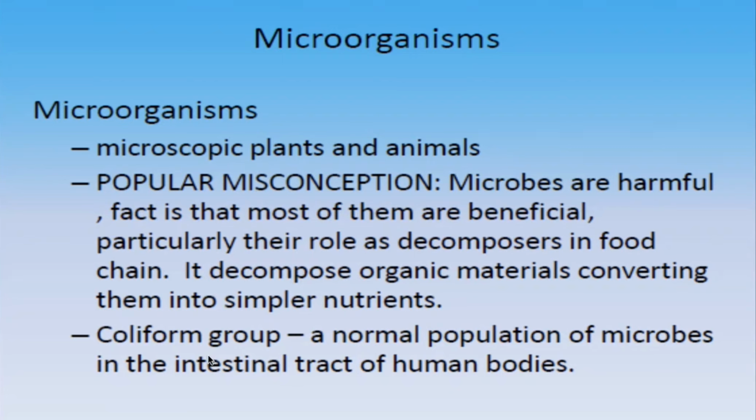But when there is no proper waste management, we see dogs or children or other people defecating in the river. So there's no proper waste management. What happens? The coliform group goes into a body of water.